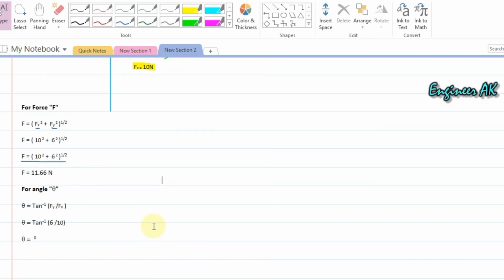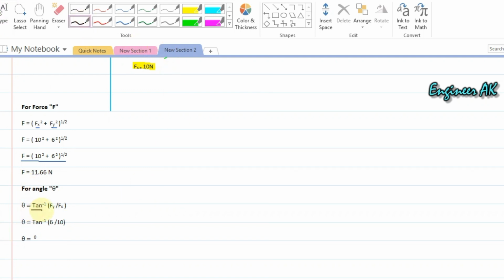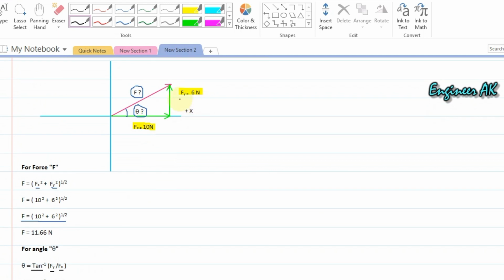Now for the angle, we know that we have tan inverse of f of y divided by f of x. If we plug in the values, here f of y is 6 and f of x is 10.